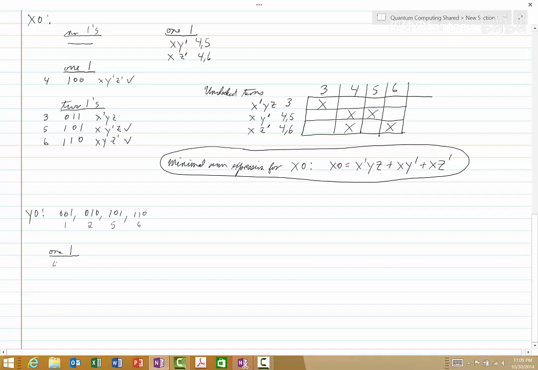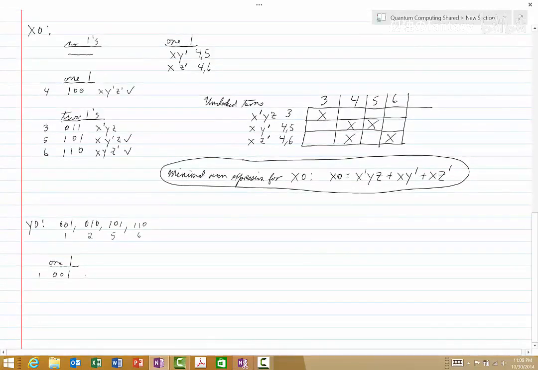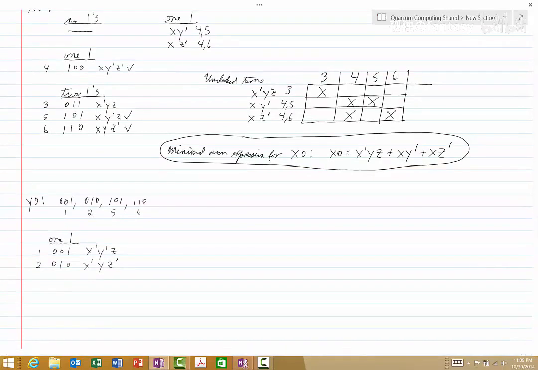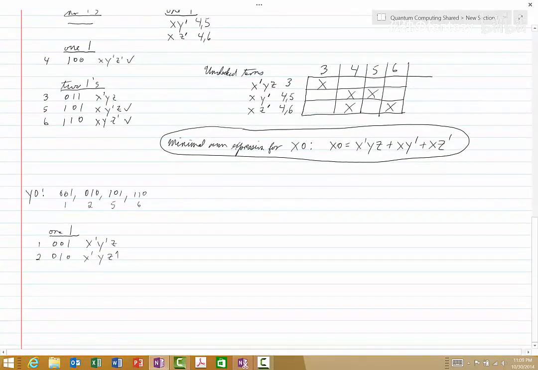Well, we have 0, 0, 1, which is the term X prime, Y prime, Z. And we also have 0, 1, 0, which is X prime, Y, Z prime. And those are the only two terms with one 1. And then we also have two terms with two 1s.